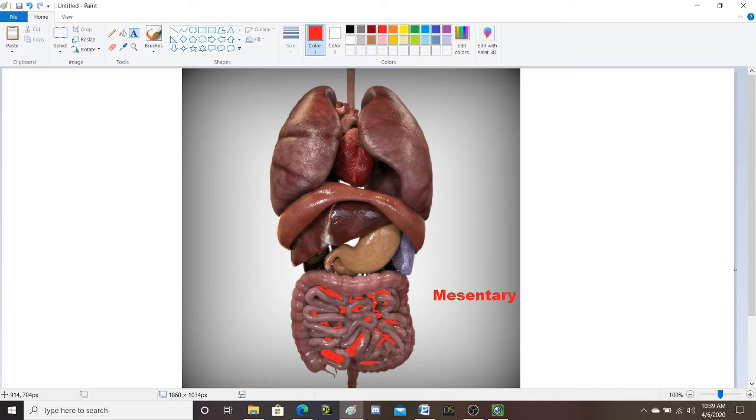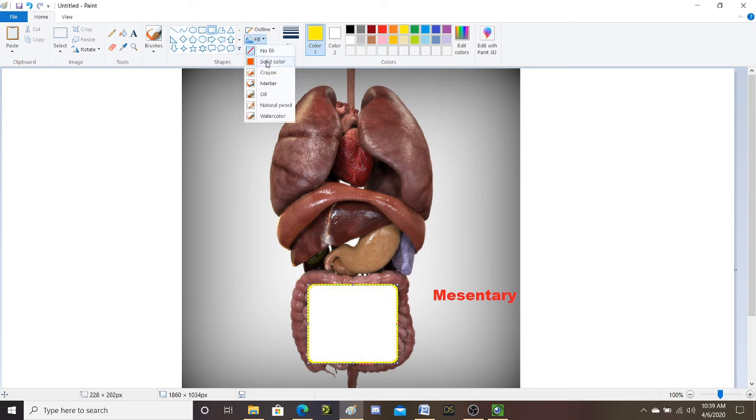Now, the final thing is this structure called the omentum. The omentum is a covering. You basically have this covering that sits over your small intestines. And it's this really grody looking fatty material.